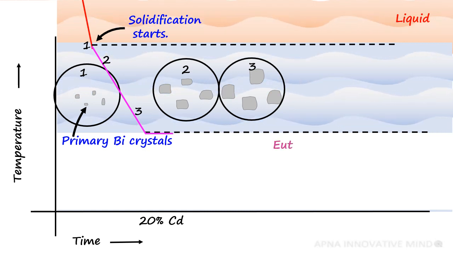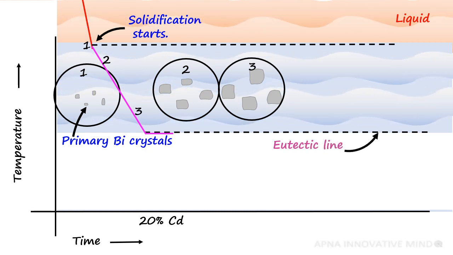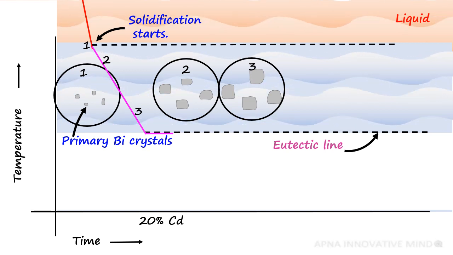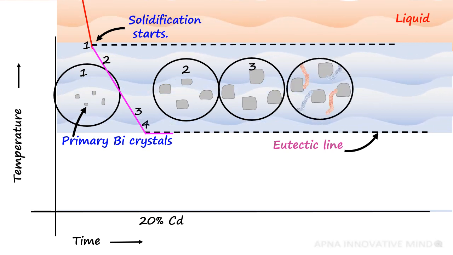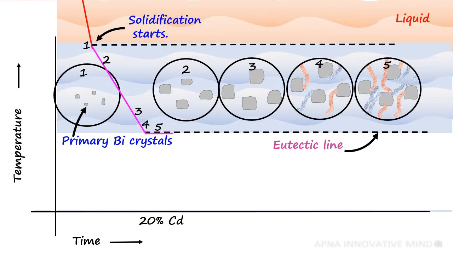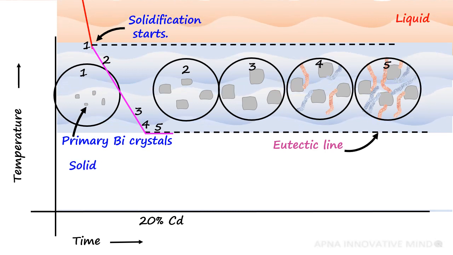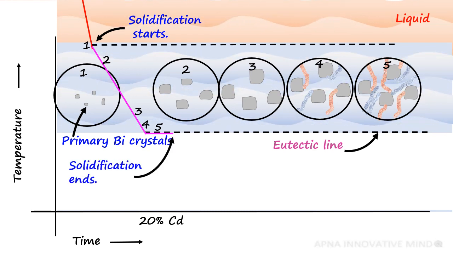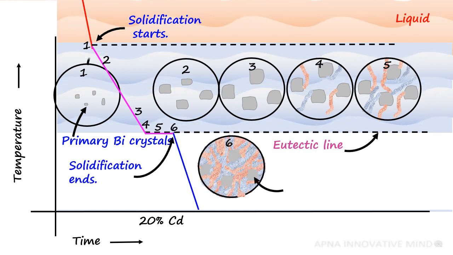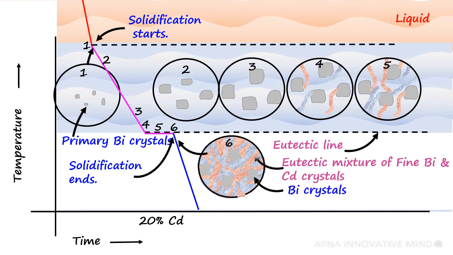As the temperature reaches eutectic line, liquid phase components percentage also reaches eutectic composition. Now the eutectic mixture of bismuth and cadmium crystals formation starts. We have bismuth crystals, eutectic mixture and liquid phase. As the solidification completes, we have bismuth crystals and eutectic mixture of bismuth and cadmium crystals.